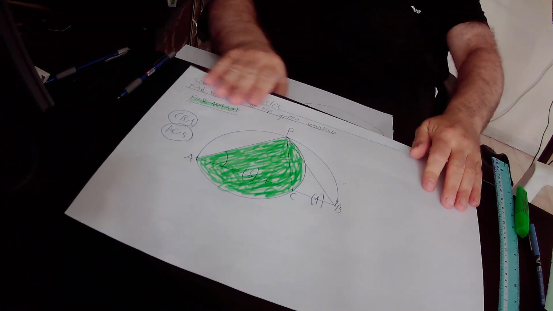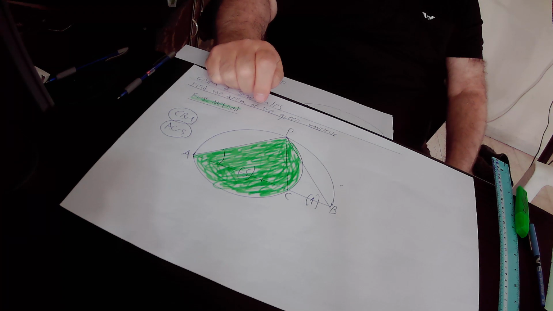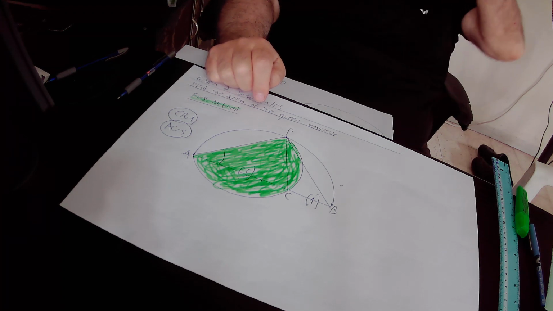In this lecture, we found the area of this green semicircle using two different methods. So I start with the first method.